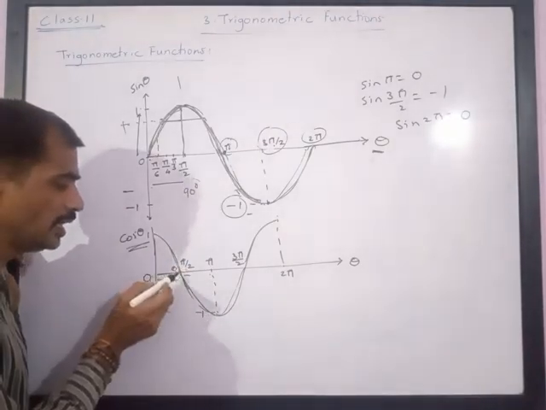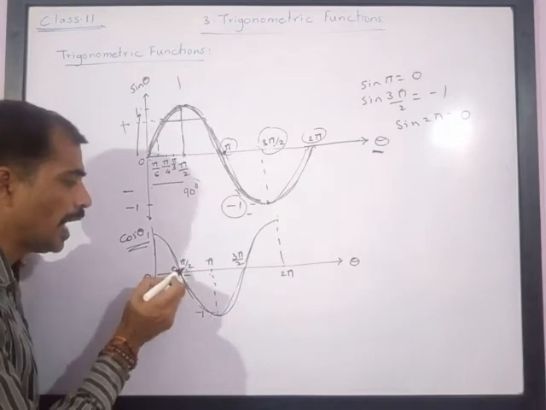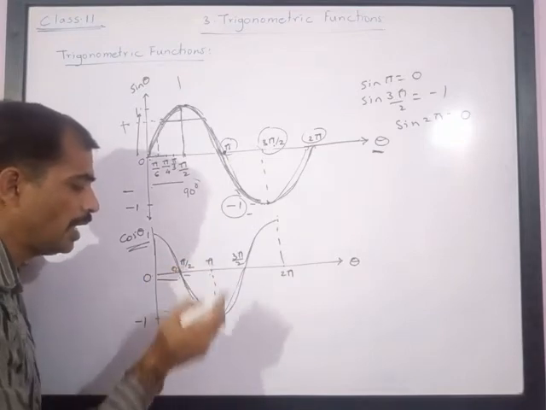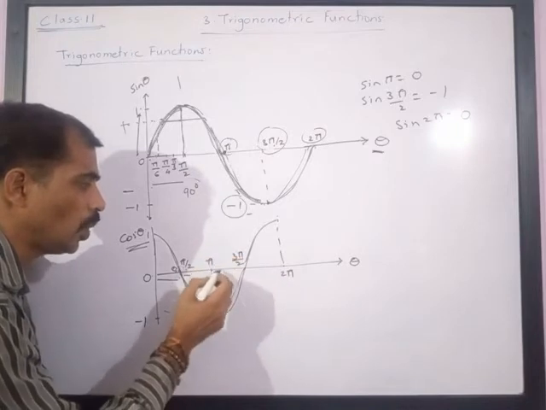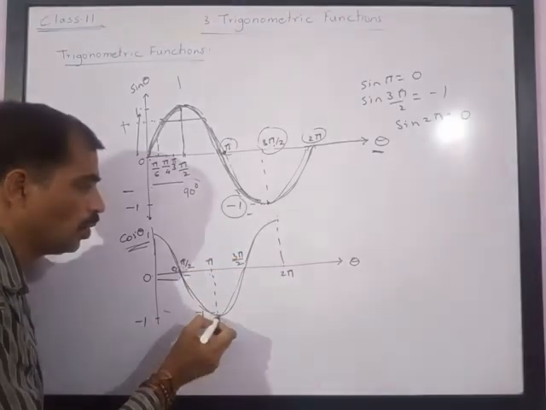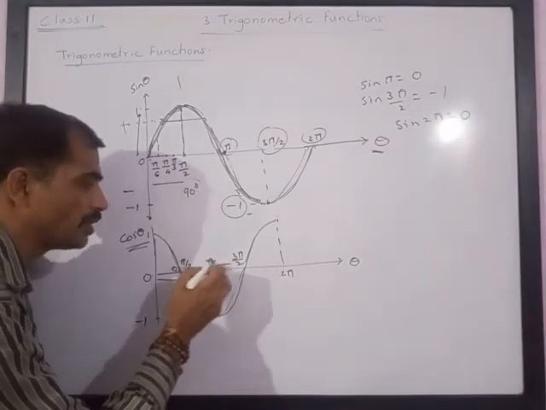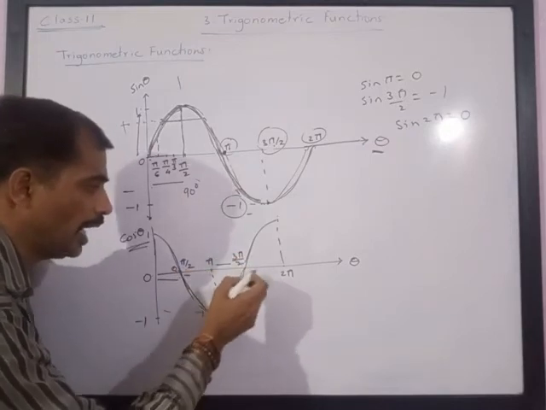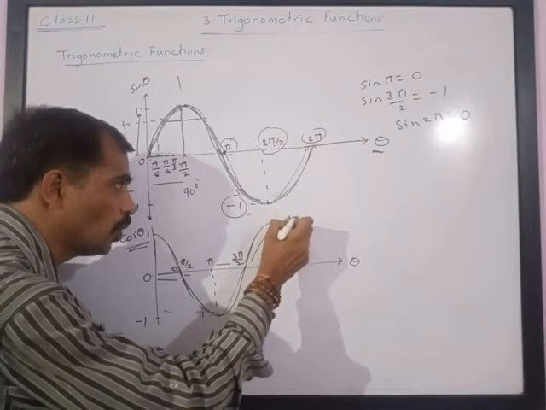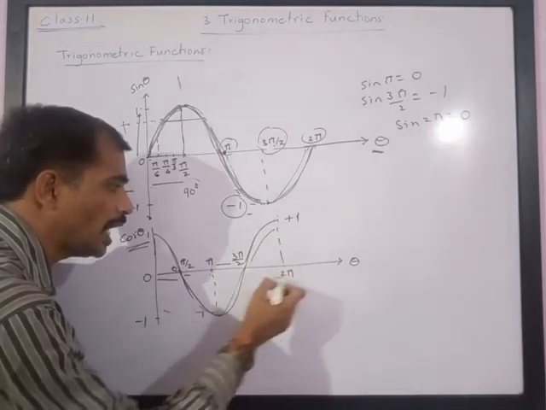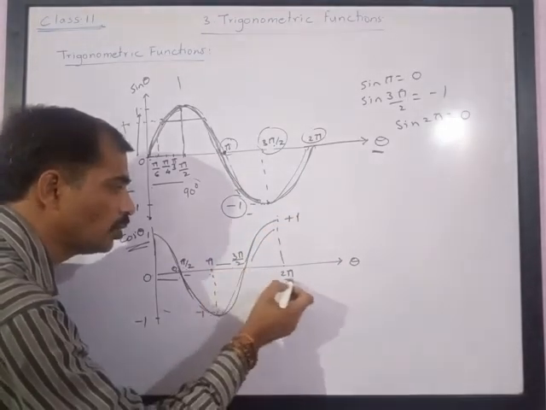Then it decreases from 0 to negative 1 when the angle increases from pi by 2 to pi. Then again it increases from negative 1 to 0 when the angle increases from pi to 3 pi by 2. Again it increases from 0 to positive 1 if theta increases from 3 pi by 2 to twice pi.